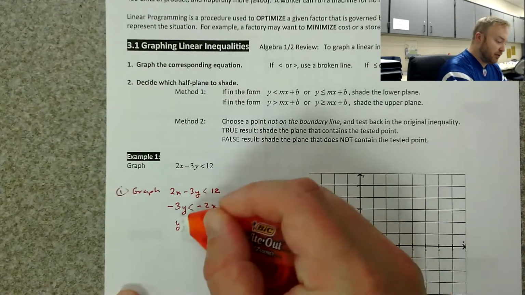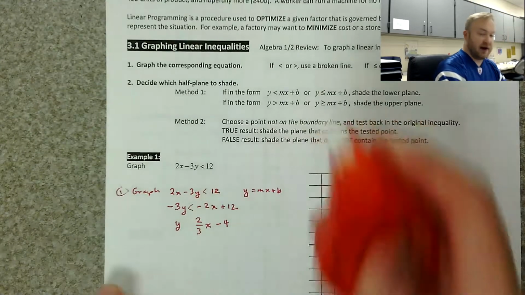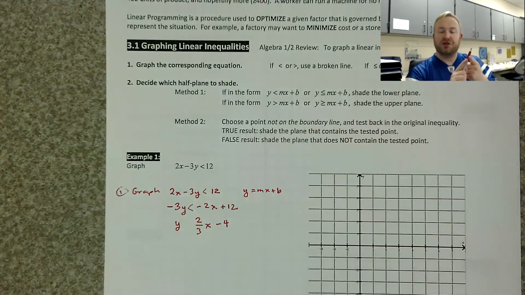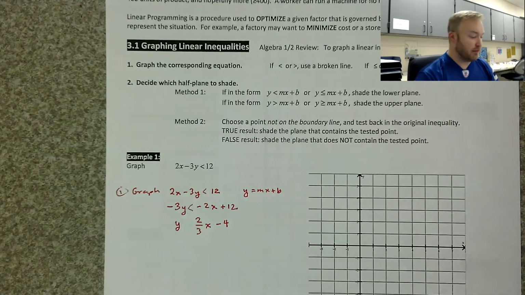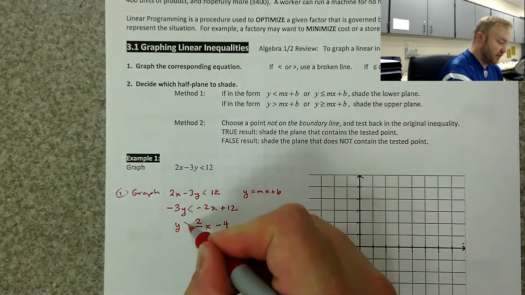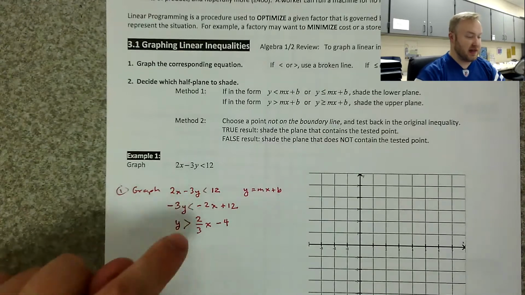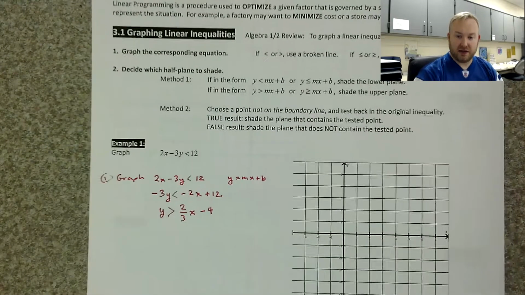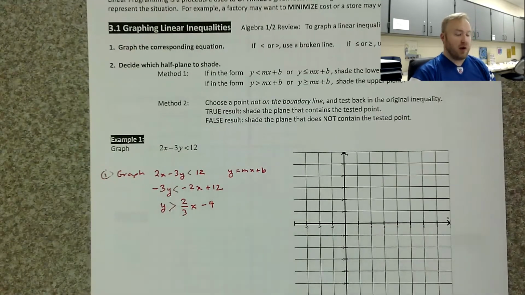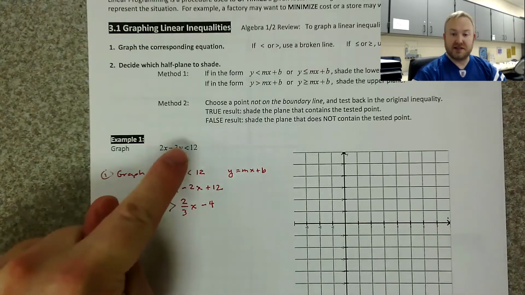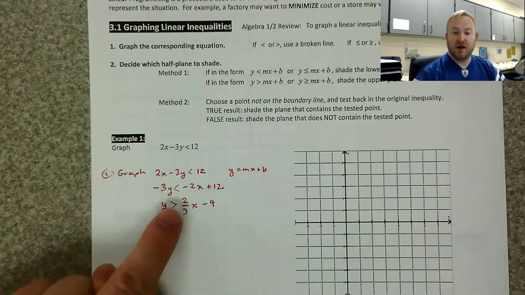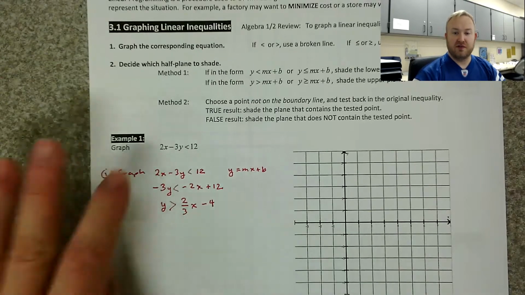And hopefully you remember from your algebra classes, and if you don't, I'm reminding you now, that anytime you multiply or divide both sides of an inequality by a negative number, then that inequality has to flip around. So the less than becomes a greater than. Okay, so I just wanted to start by reminding you how that equation solving process works, and then look at what happens when it's an inequality. And in this case, we end up having to flip that symbol because we divided by negative 3.